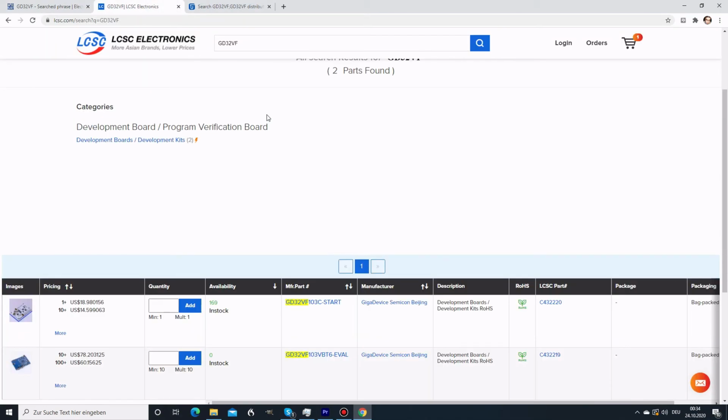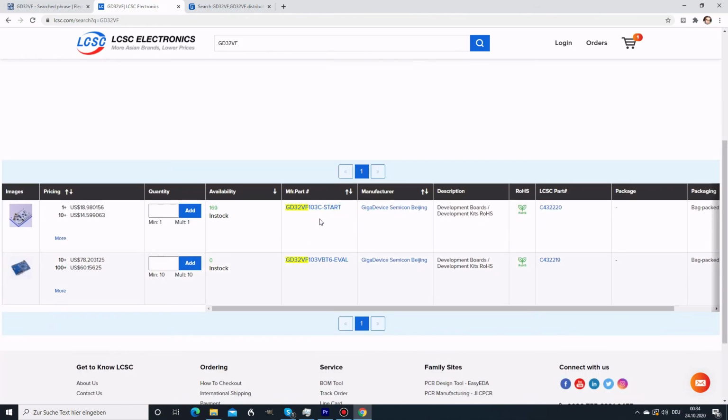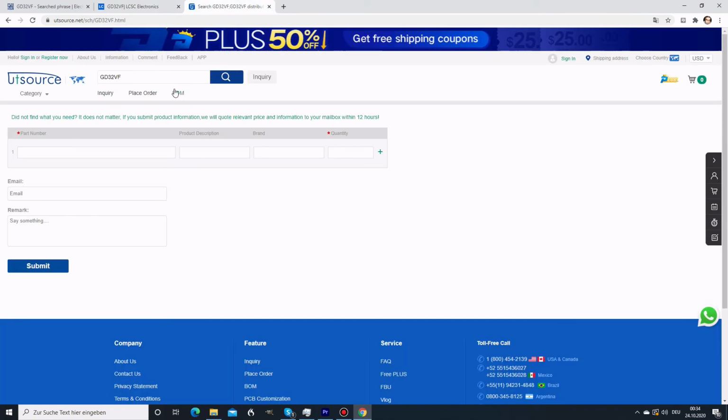Next up is LCSC. You see, they only at the moment have the development boards, but as you see here, sometimes for a significantly better price. And then finally, there is Utsource. Currently, they don't seem to have anything, but my practical experience with them is that if you send them an inquiry and you are a somewhat decent customer, they will usually find the stuff for you.